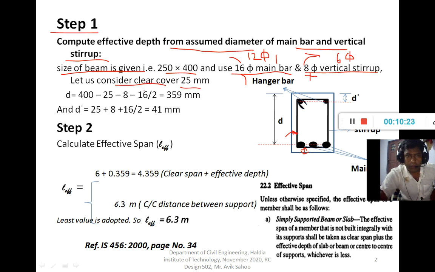Okay, so the clear cover is 25 mm. You know that clear cover depends on exposure condition. Depending on exposure condition, you may use 30-35, but this is standard for most beams. Such covers are considered as 25 mm.